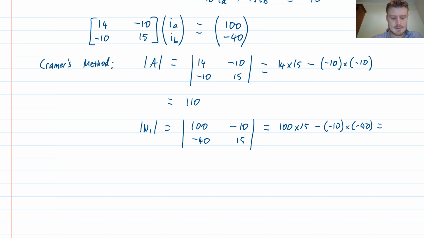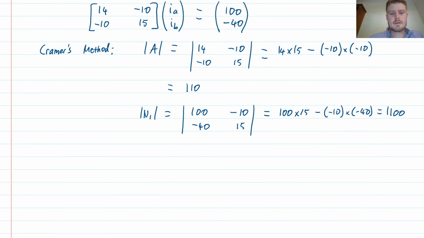That evaluates to 100 times 15 minus 400. Bear with me, sorry, 100 times 15 minus 400 is 1100.